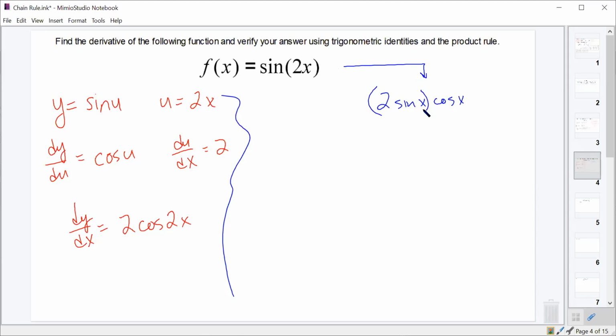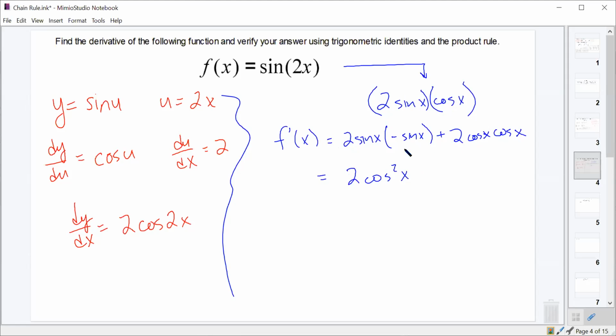And then this is a product of two functions that could be differentiated using the product rule. So we'd have 2 sine x times the derivative of cosine x, so negative sine x, plus the derivative of 2 sine x, which is 2 cosine x, times cosine x. Or if I were to rewrite that, I could do 2 cosine squared x minus 2 sine squared x.